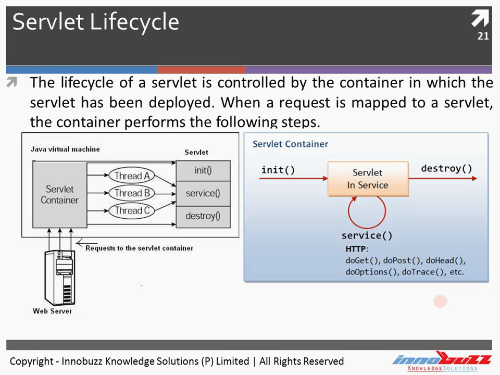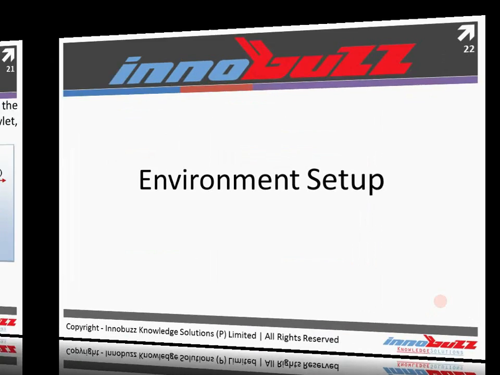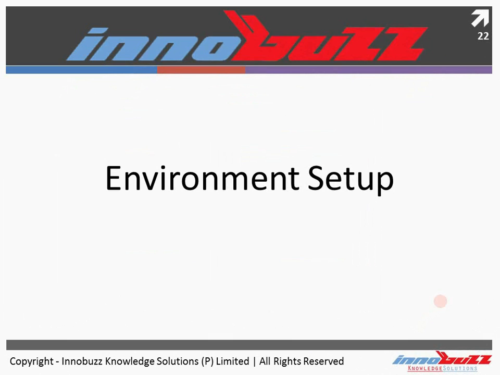Then finally destroy is invoked to destroy the instance of the servlet after servicing the request. So now we know. Next is to know the environment setup for executing the servlet programs.